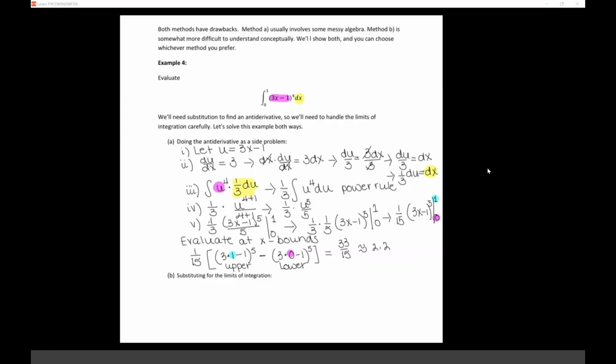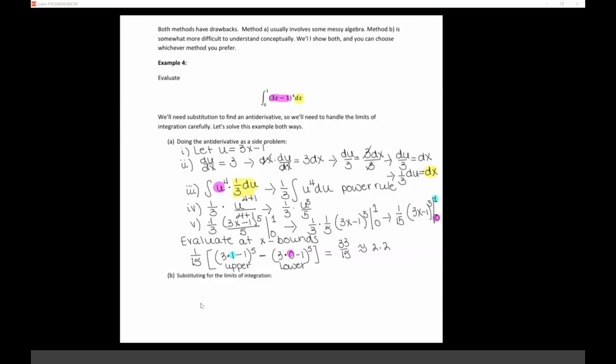So here's exactly the way you would type it in. Here's my upper bound expression, and this one's my lower bound expression. You can see I got 11/5, which is the same as 33/15. I just divide out by 3. And if I want it as a decimal, 2.2.